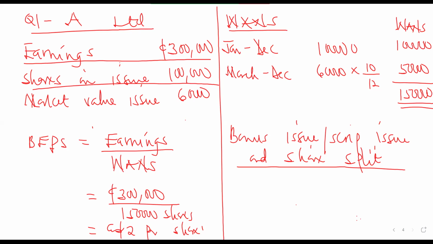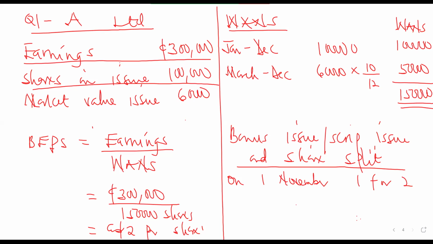The question says that maybe on 1st November, the company made a bonus issue of 1 for 2. It means that you bring 2 of your existing shares for 1 new.